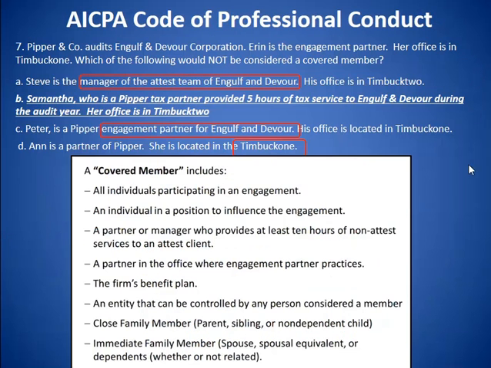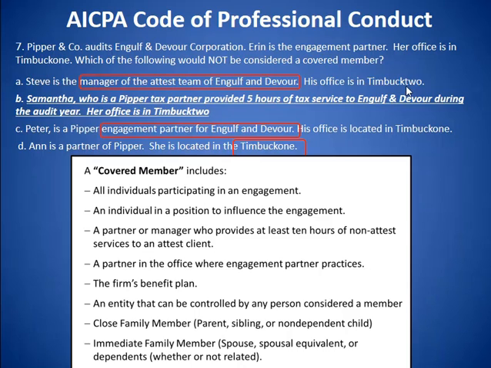Okay, now we move on to the answer to number 7. And again, the question is, Pipper and Company audits Engulf and Devour Corporation. Aaron's the engagement partner and her office is in Timbuk 1. Which of the following would not be considered a covered member? And we take a look at A first, and the correct answer is B. We'll get to that in a minute, but we take a look at A. It says Steve is the manager of the attest team of Engulf and Devour, and his office is in Timbuktu.